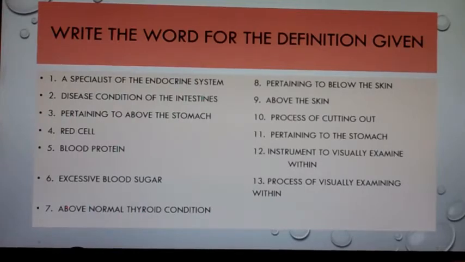Number 11, pertaining to the stomach. Number 12, instrument to visually examine within. Number 13, process of visually examining within.